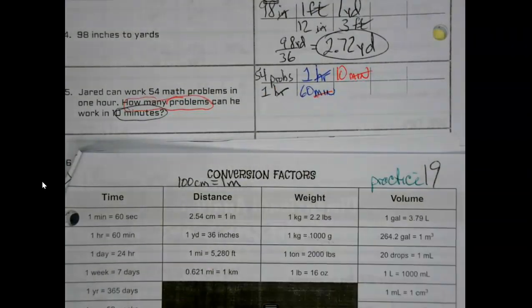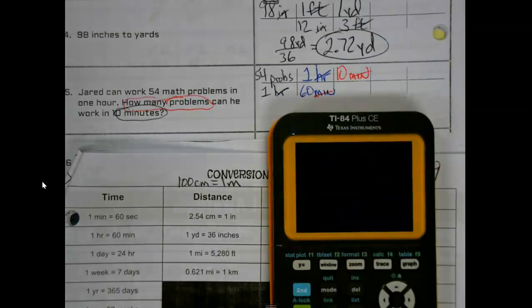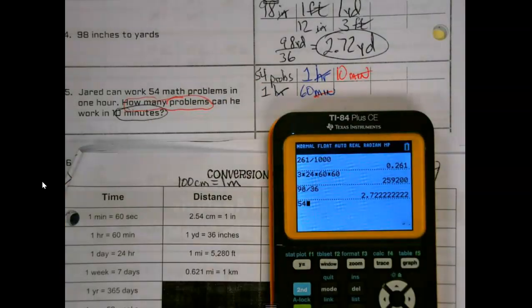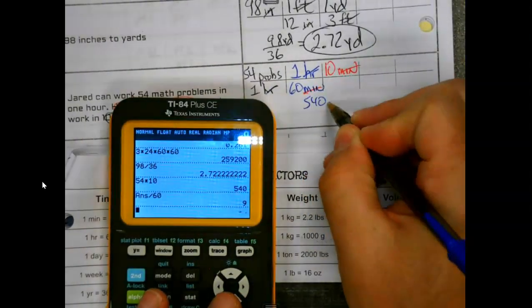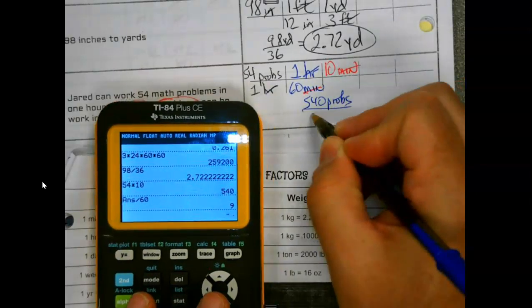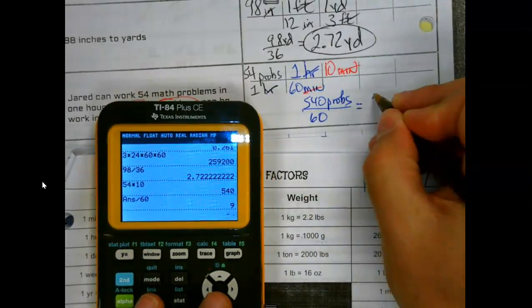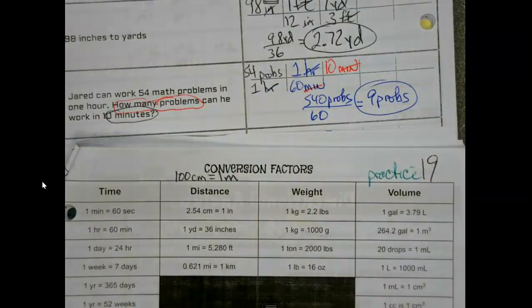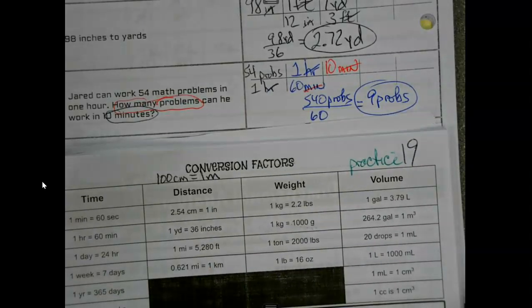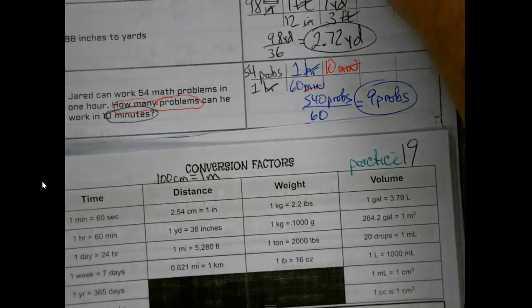And that's what we're trying to figure out here. So let's see here. 54 times 10. And then we're dividing by 60. So we got 540 problems divided by 60. Looks like Jared can do about 9 problems every 10 minutes. So that one, a little different as well.